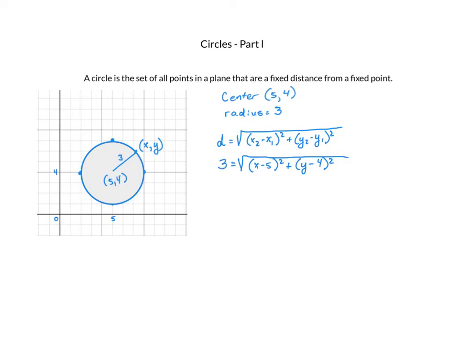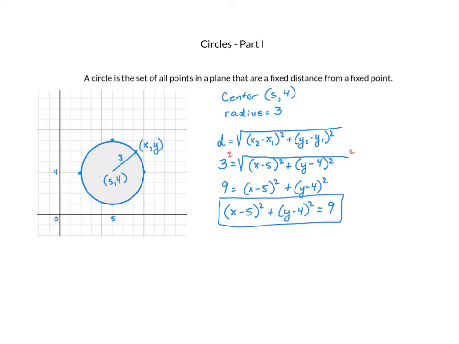Now let's square both sides of this equation, and we'll have an equation that looks like this: 9 equals x minus 5 squared plus y minus 4 squared. Generally speaking, we put the 9 on the other side, so let me do that. So I have x minus 5 squared plus y minus 4 squared equals 9. And we have the standard form of the equation of the circle that has center 5, 4 and radius 3.